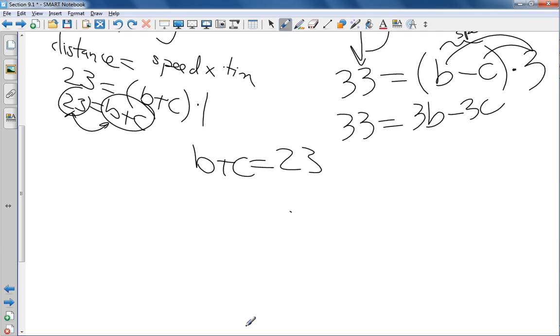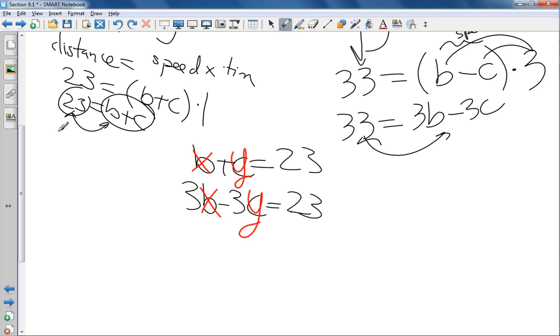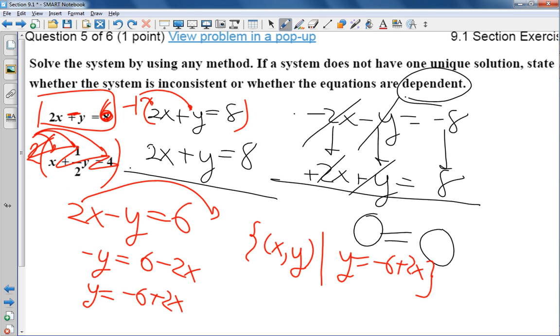And this one too, I want to flip the sides: 3B minus 3C equals 33. Now you have a pair of equations. If you don't like B and C, you can make your own variables. Call boat speed X, current speed Y. Is this any different than this question?